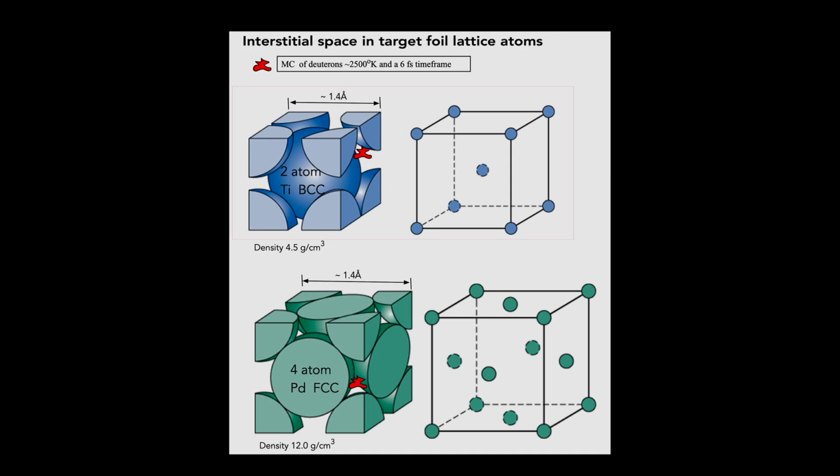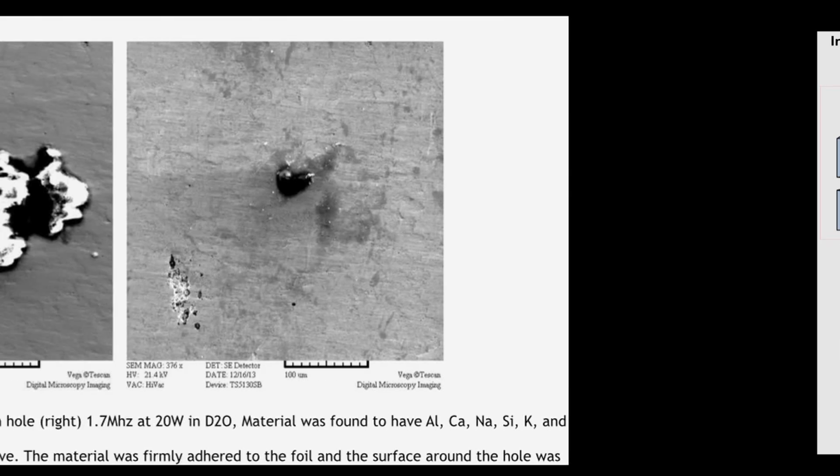The MC contains several deuterons that are cooling in a 6 femtosecond time frame. Within the MC, around 2500 K, an active free electron combines with a deuteron. Where the MC was destroyed, the shock wave was produced, and from the debris, 1 alpha was produced.